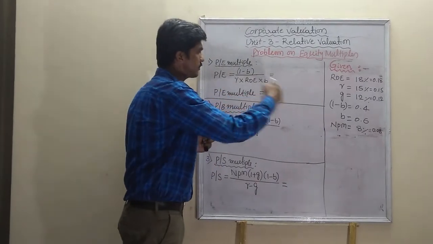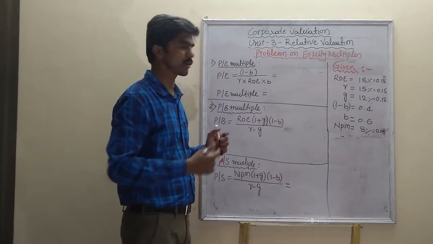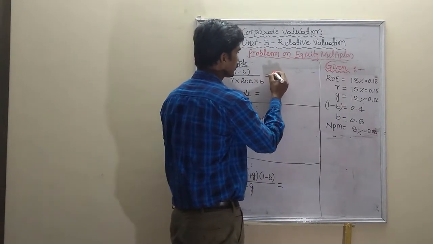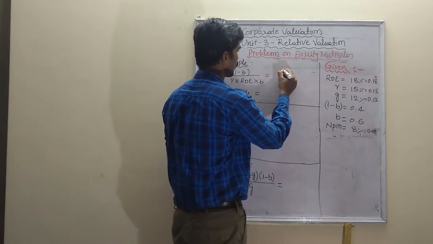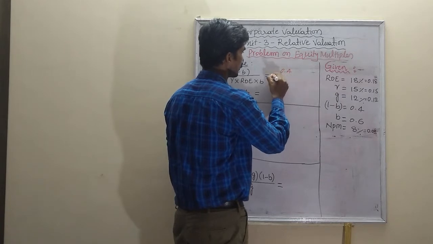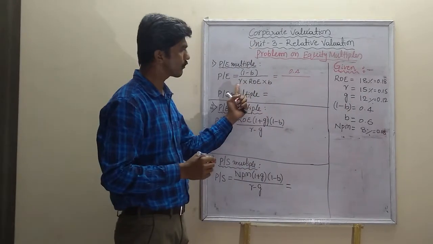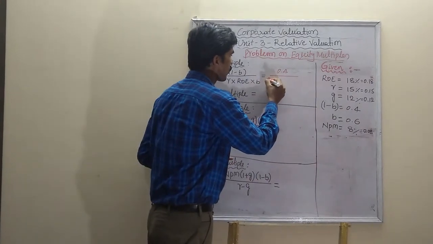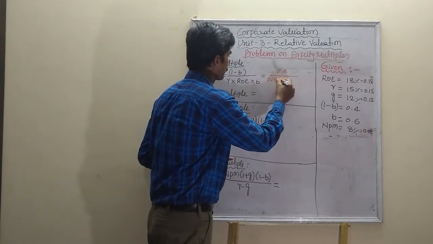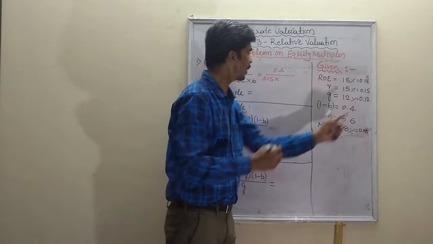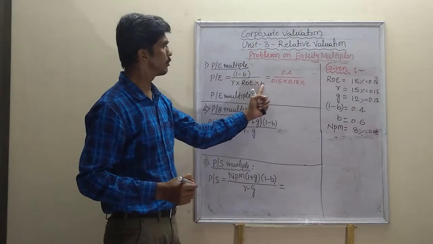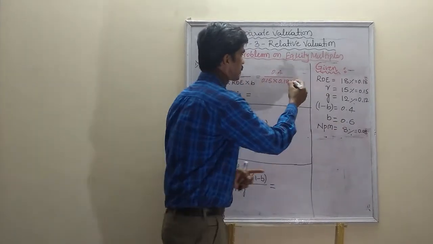Now look into the given things and substitute. 1 minus B, here it is given as 0.4, take down the value, 0.4 divided by R value, take it as 0.15, into ROE value 0.18, into B value, which is given as 0.6.